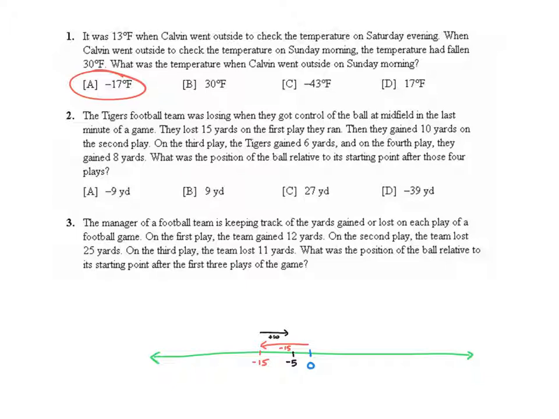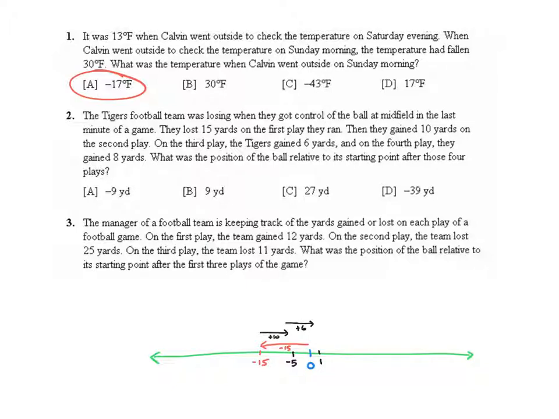On the third play, we also gained yards. So it says we gained 6 yards. So we're again going forward from where we just were, and we're going forward 6 yards in the positive direction. If we go 6 yards in the positive direction from negative 5, we end up at positive 1. And on the fourth play, we gained yards again.